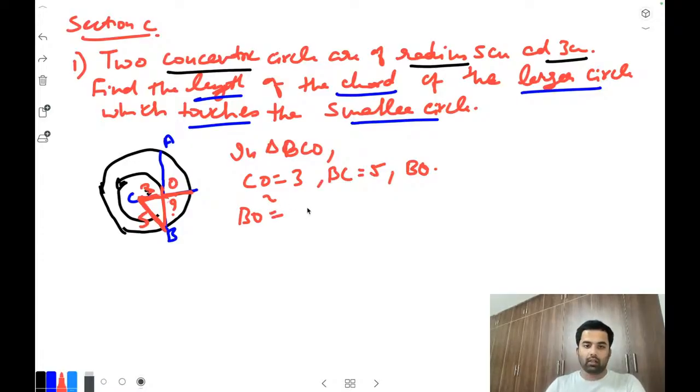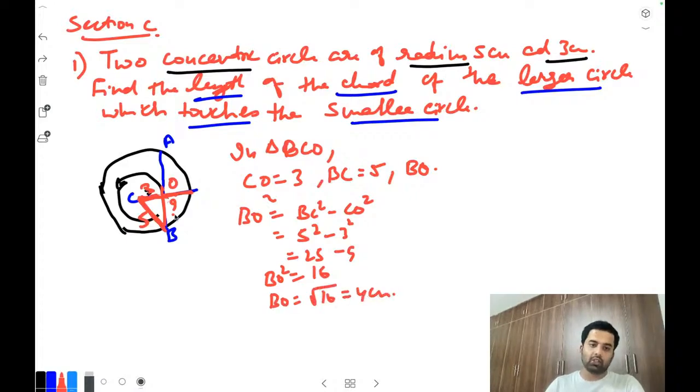BO square will be BC square minus CO square. So this will be 5 square minus 3 square, 25 minus 9, and this becomes 16. BO becomes under root 16, which is 4 centimeter. So this BO is 4 centimeter.